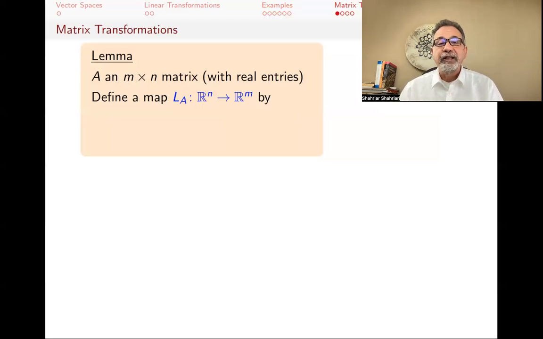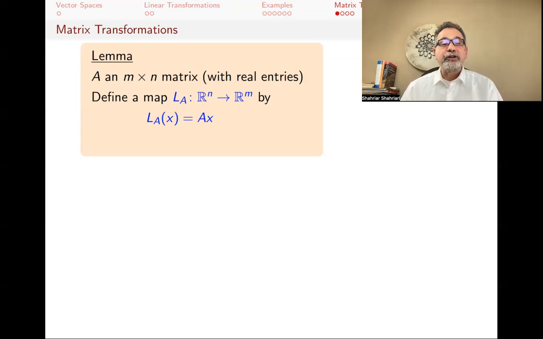What is that linear transformation? Well, define a function that I'm going to call L sub A, and I'm putting that A there because this map is defined using the matrix A. Define a map L_A that goes from R^n to R^m. A was m by n, m rows, n columns. L_A goes from R^n, where n is the number of columns, to R^m, where m is the number of rows. And how is the map defined?